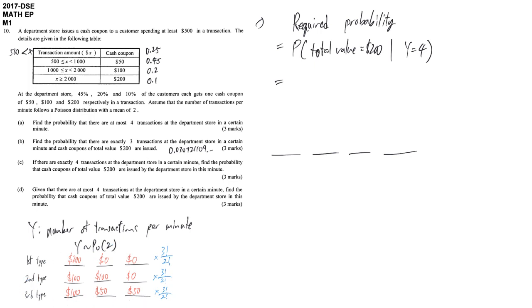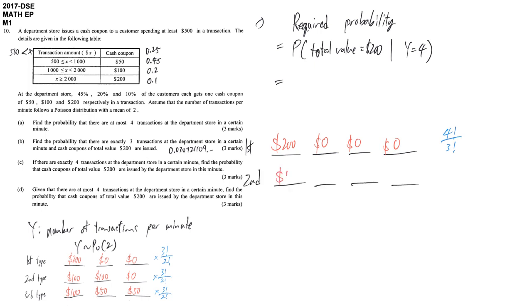So I think that the first combination may be again 200, 0, 0, 0. How many times can we rearrange them? We have 4 factorial paths, but 3 of them are the same, so we have to divide the duplicate result by 3 factorial this time.